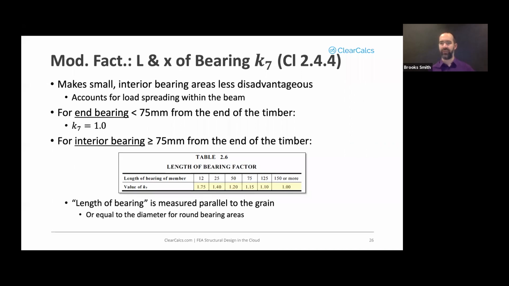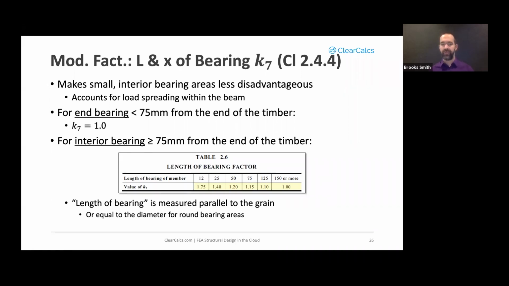You can't take advantage of anything here. For interior bearing, so if you're more than 75 millimeters away from the end of the timber, then you look up in table 2.6 what your K7 would be for various bearing lengths. This can give you up to a 75% boost in your bearing capacity.